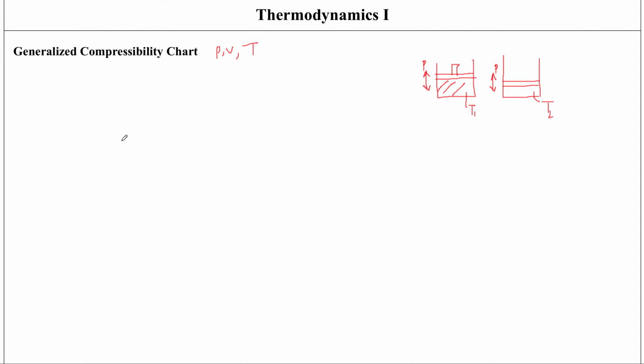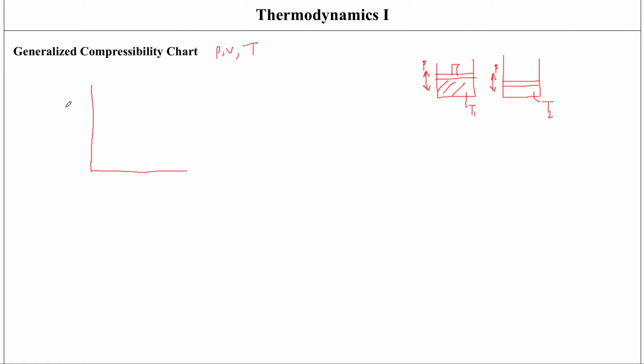Let's suppose that I'm measuring the pressure at each instant for both of these systems, and also the specific volume.